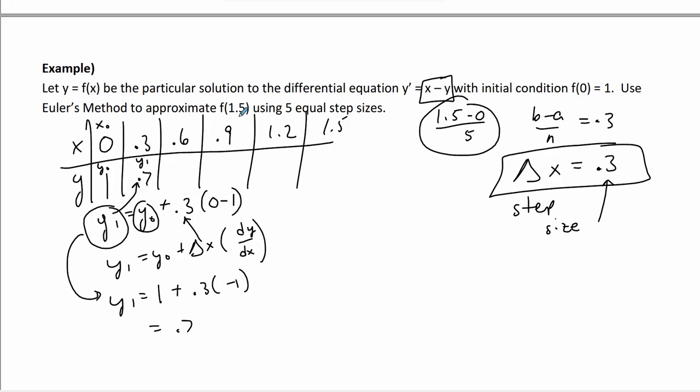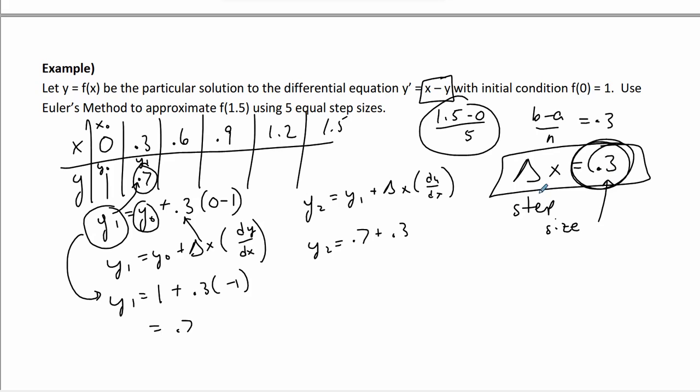Now I'm going to use that information to find y sub 2. So y sub 2 is equal to y sub 1 plus delta x times dy dx. y sub 1 is now 0.7, plus delta x, which is always 0.3 because we had it over here, times dy dx, where I use the previous point.